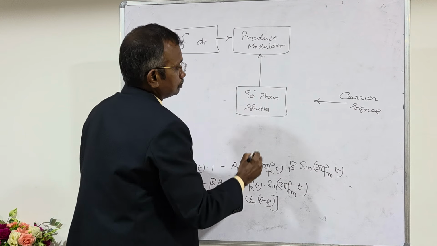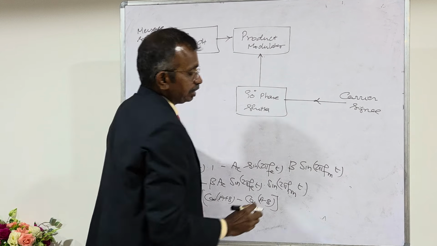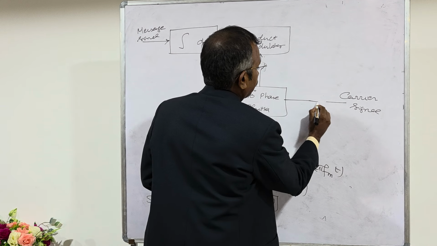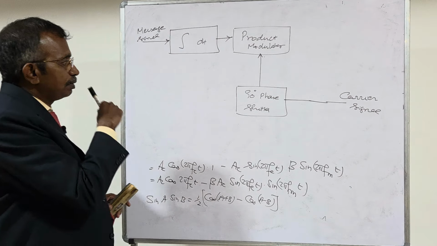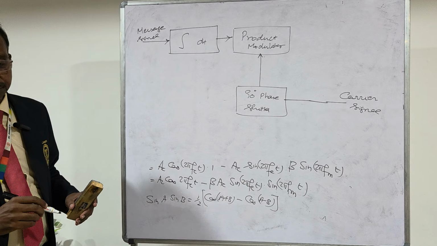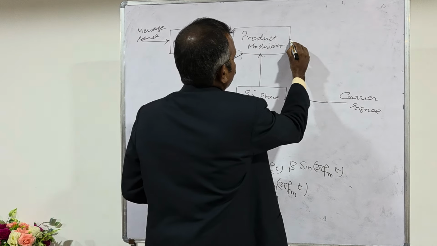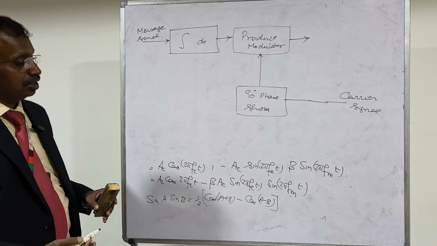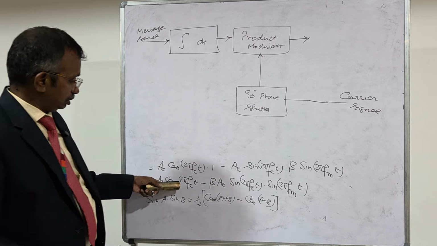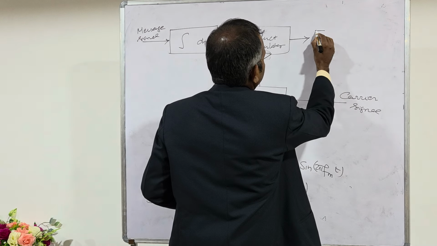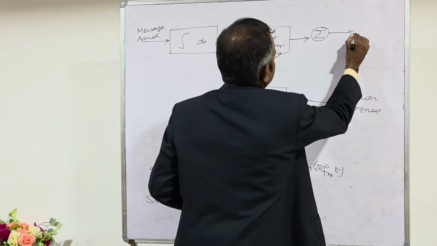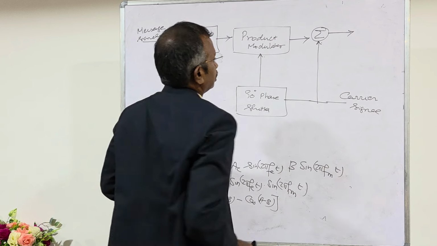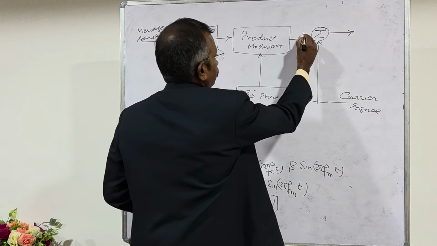Then you can supply this to the product modulator. So this is the carrier signal. Then the output product is multiplied, and along with the carrier signal, we are going to subtract. So here I am going to use one summer, and at the output will be the desired FM signal. So this is minus, this is plus.